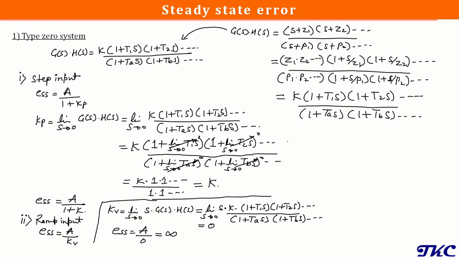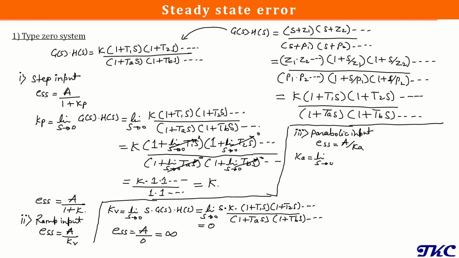Now the same way we can find it for a parabolic input also. So let's do that here because of the space constraint. Let's consider the third one, that is the parabolic input. Whenever we have a parabolic input, we know that steady state error is given by a by ka, where ka is the acceleration error coefficient. So first we need to find that. ka we know is given by limit s tends to 0 of s square into g of s into h of s.